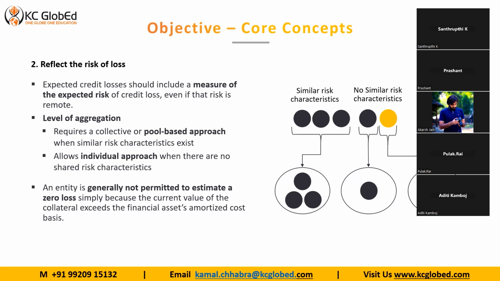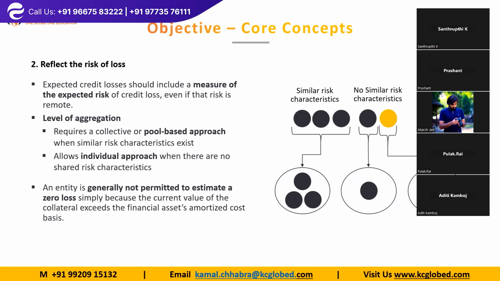That's what the last point is. Make sense? Just read this last point again for me. An entity is generally not permitted to estimate a zero loss simply because the current value of the collateral exceeds the financial asset's amortized cost basis. Right? Makes sense? What example have we discussed?